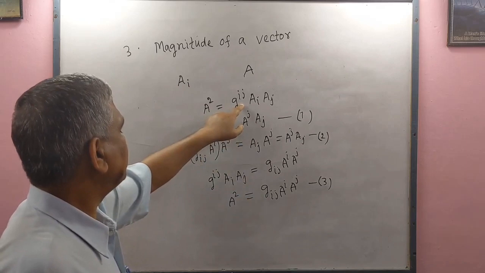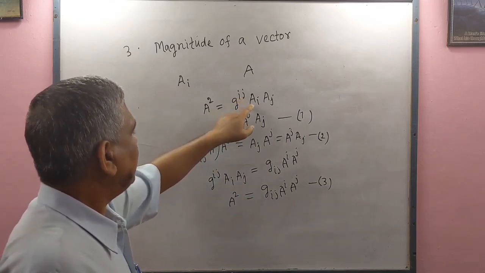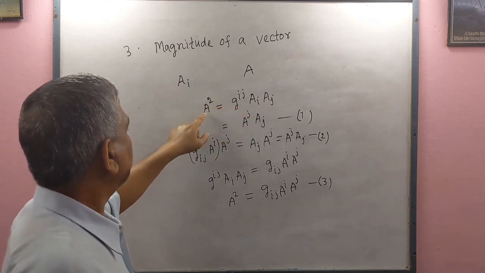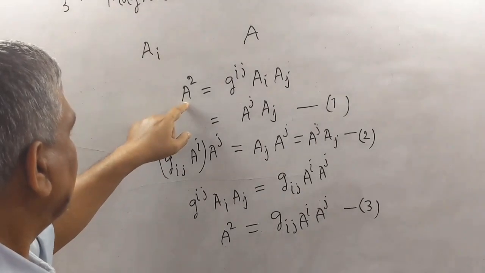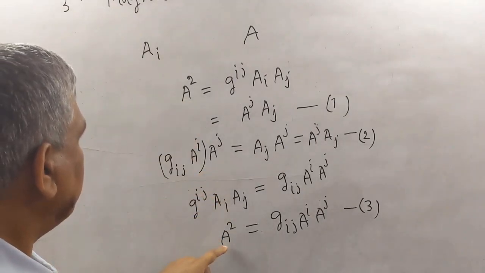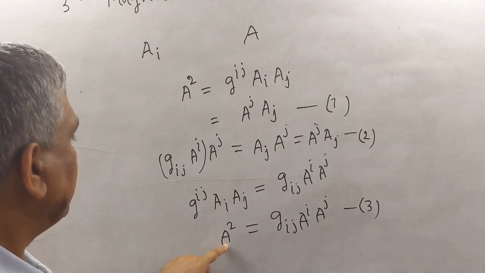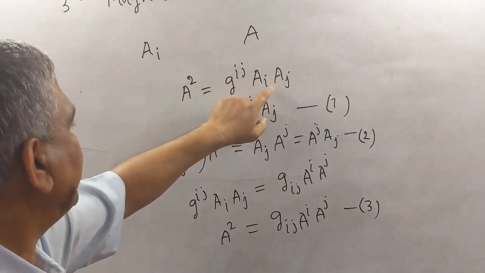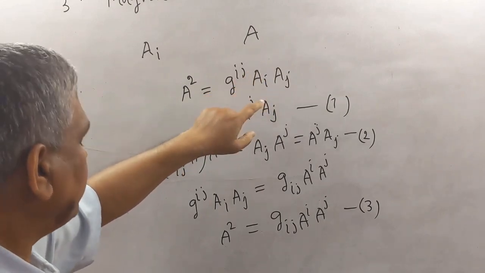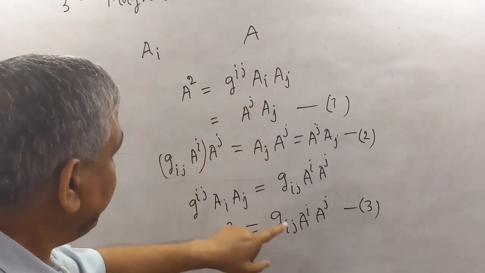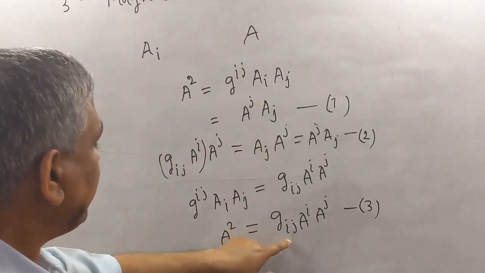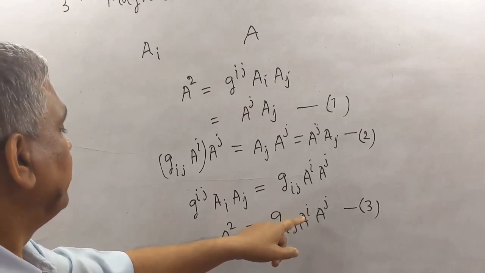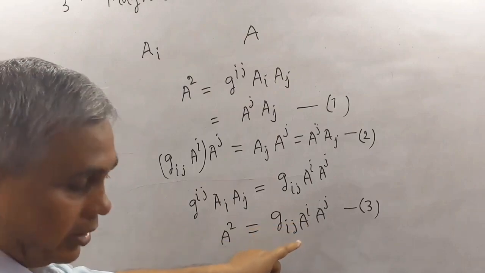Here right hand side is Gij Ai Aj, which is the square of the magnitude of the tensor. Here we take the magnitude of a covariant vector or tensor of rank 1. So we may define also, this is the expression for the magnitude of contravariant vector of rank 1.